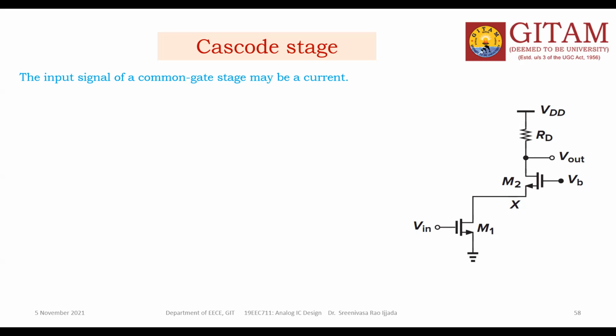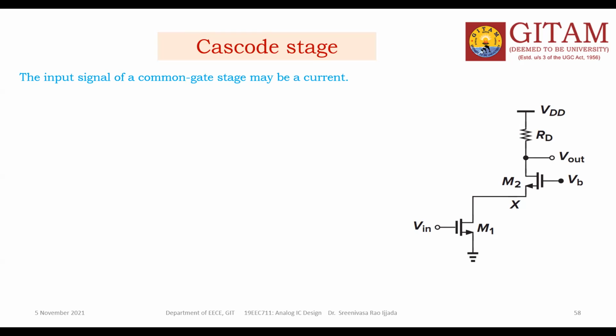Actually, there is a lot of difference between the cascade and cascode in the BJT multi-stage amplifiers. But in the case of MOSFETs, because of their construction facilities, the cascade and cascode are a little bit different.